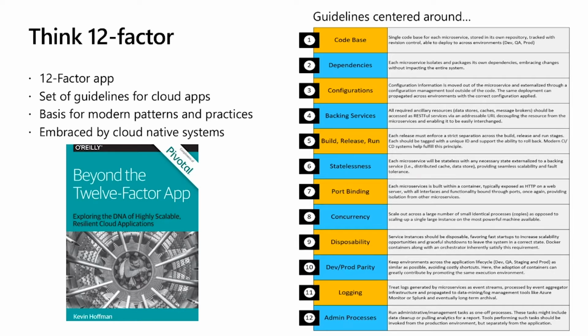So there are 12 factors, starting from how you design your code base, and how you start monitoring your applications at the customer end, how you can leverage monitoring capabilities in order to get the telemetry coming from your customer environment, so that you will be able to fix things as quickly as possible. I would highly recommend you to go and explore this particular book after this session.